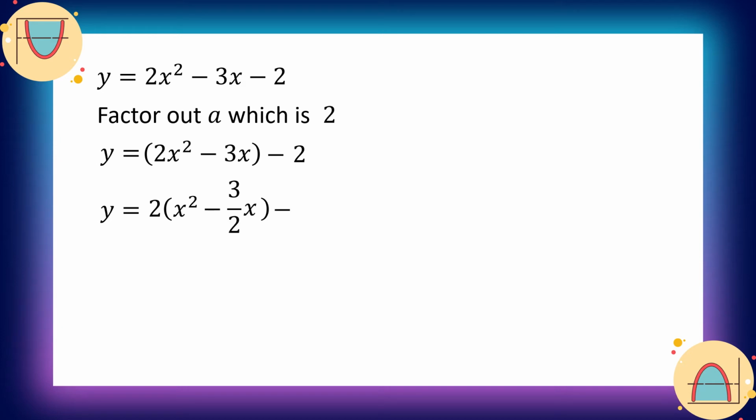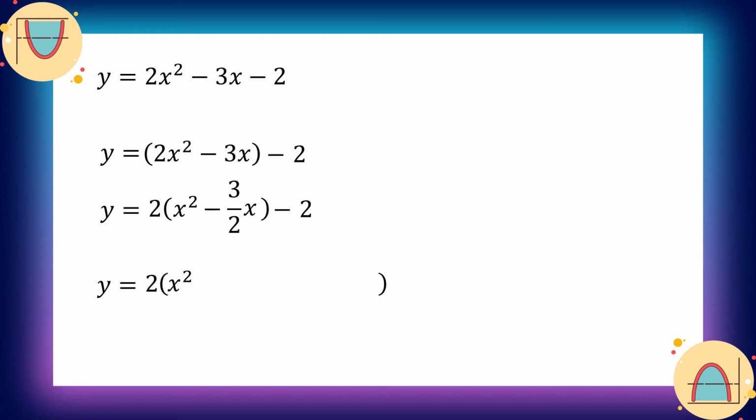Then copy minus 2. If a is not equal to 1, this is how we are going to write our equation: y equals 2 times the quantity of x squared minus 3 halves of x plus blank minus blank. Then we are going to subtract 2.